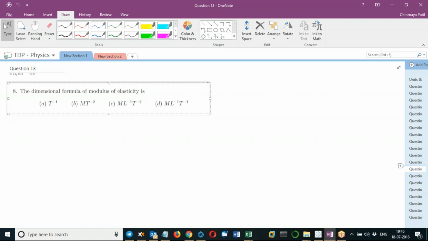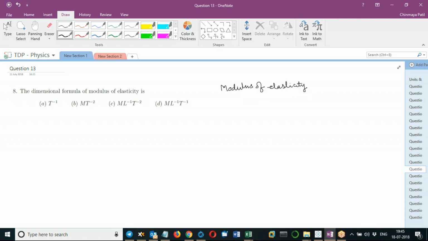Now, the measurement of modulus of elasticity is done by a ratio called stress by strain. So we can write that modulus of elasticity is equal to stress divided by strain.